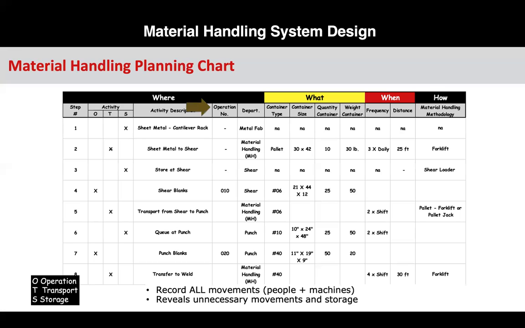Okay, the operation number, some companies will have this and some won't. The operation number should definitely be linked into the manufacturing router. So a lot of times on a manufacturing router, you'll have step O10 as the first step. The second manufacturing transformation step would be like O20.